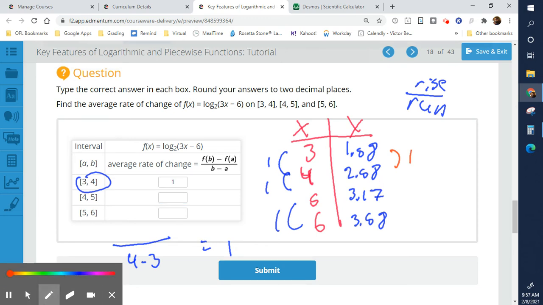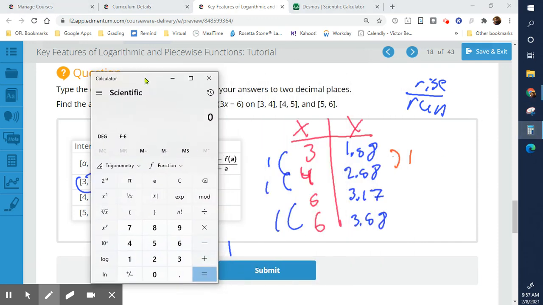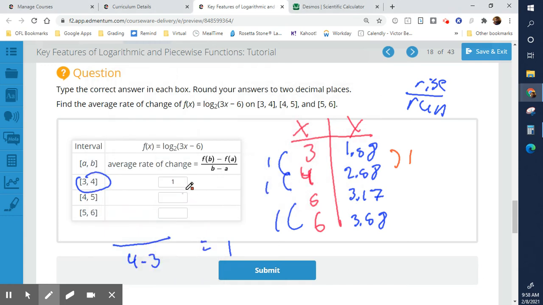So all I'm doing from here is 2.58 minus 1.58. I got a 1. So now I'm going to do this one, this 3.17 minus 2.58. Now I get a 0.59.